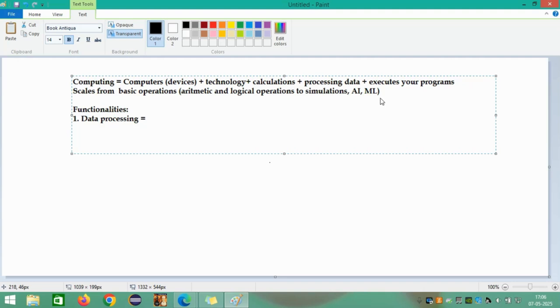Data processing usually involves storing, retrieving, manipulating your data, and most importantly, all these operations have to be performed efficiently. What does efficiency mean here?